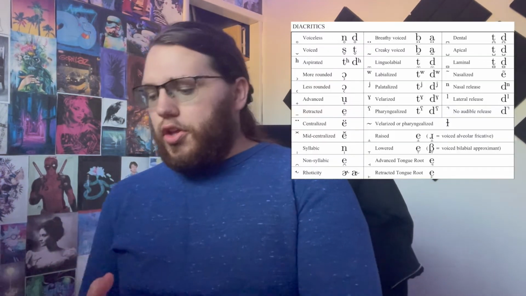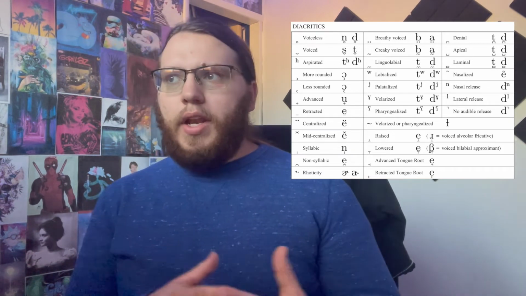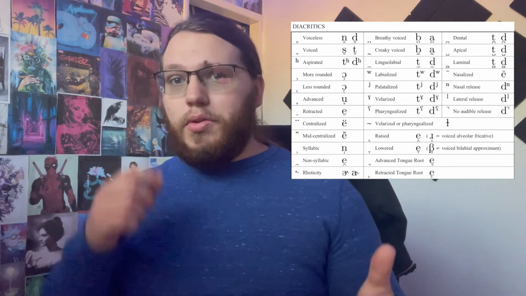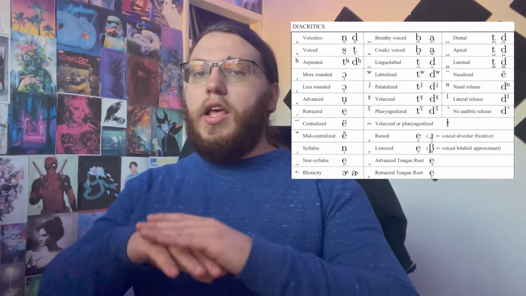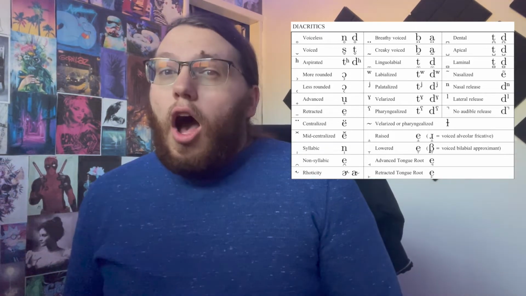Okay, so that was all of our consonants, all of our vowels. Now let's look at these diacritics. The diacritics are used to represent features of phonetics that are less common. They're also used to represent features of phonetics that are suprasegmental, which extend beyond a single segment, and we'll get to those.